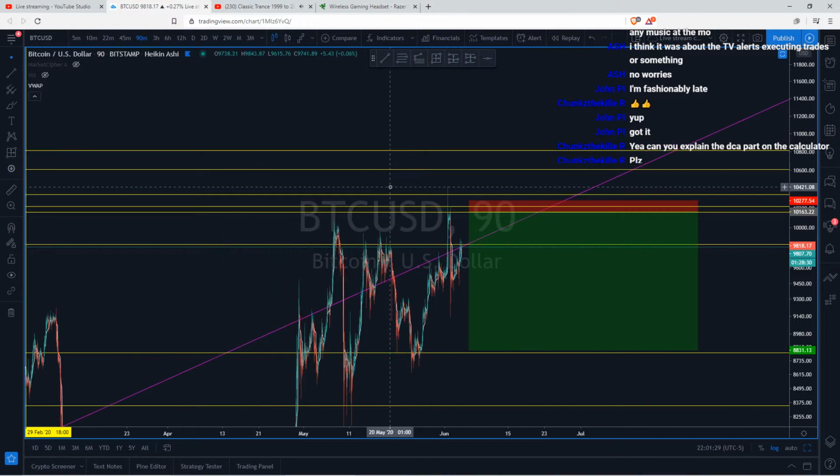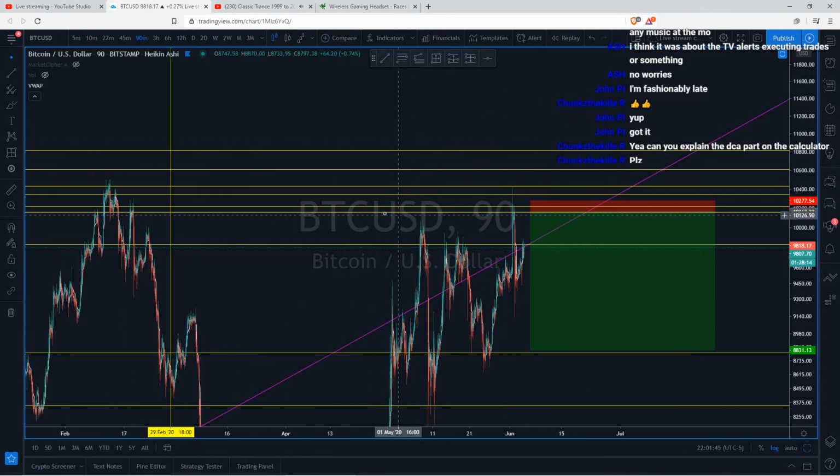Let's say you want to dollar cost average into the trade, and you want to try to catch as much of the trade as possible. So let's put another support line up there, because we had a peak here.